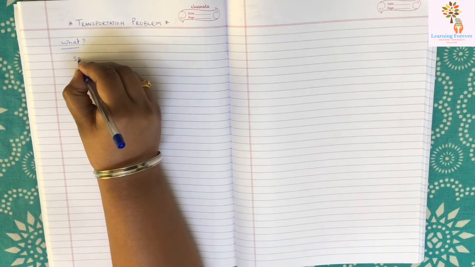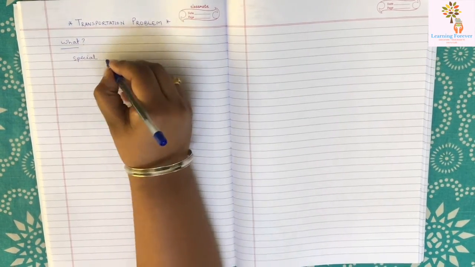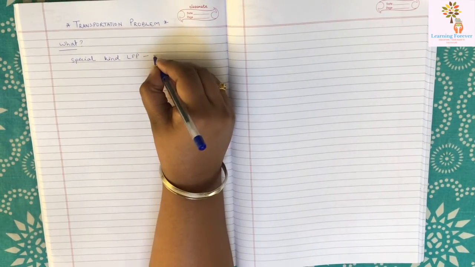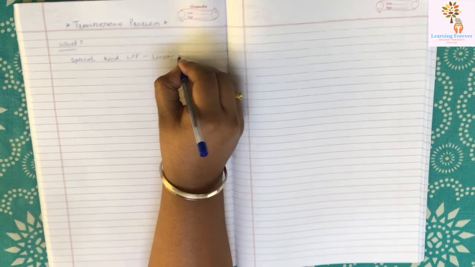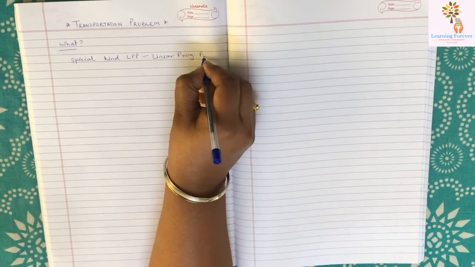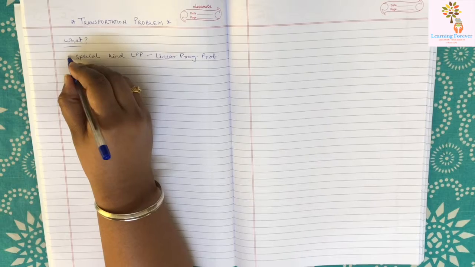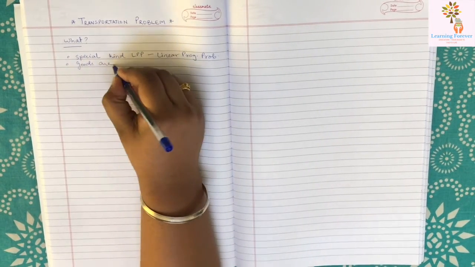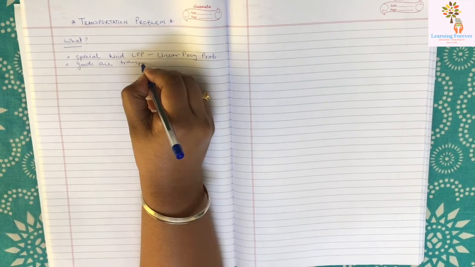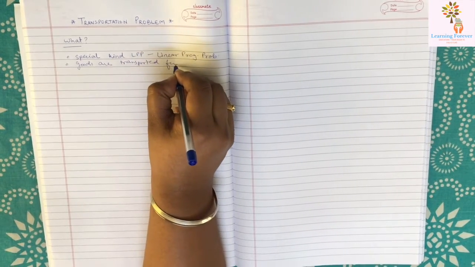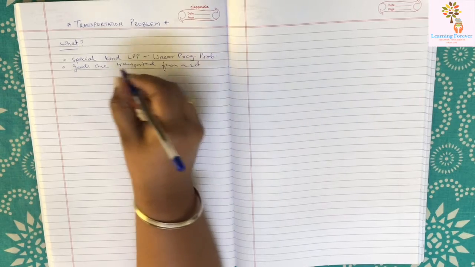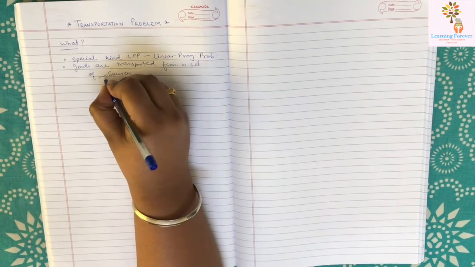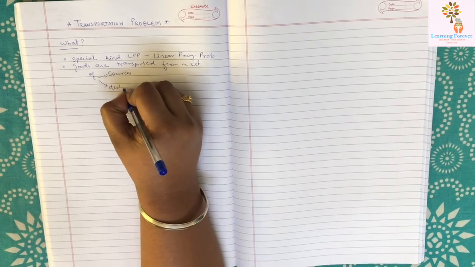So it is a special kind of LPP, which is linear programming problem. In this, goods are transported from a set of sources and destinations.